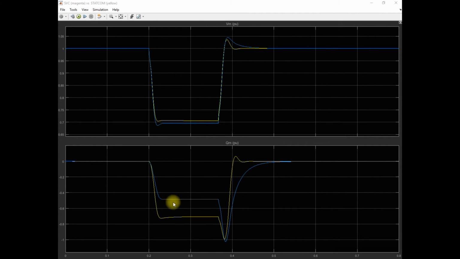This is the reactive power injected by the STATCOM, and it is higher than the reactive power injected by the SVC. This blue line represents the reactive power injected by the SVC, and this yellow line represents the reactive power injected by the STATCOM.